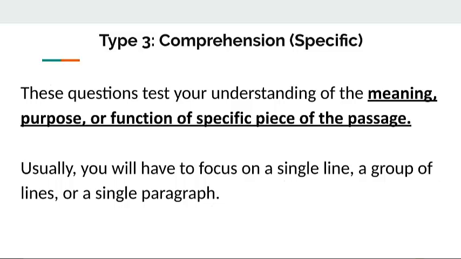And then we come to comprehension questions, which are specific in nature. So you'll see some similarities with the wording that we were just looking at, but these questions are more specific to a particular moment.